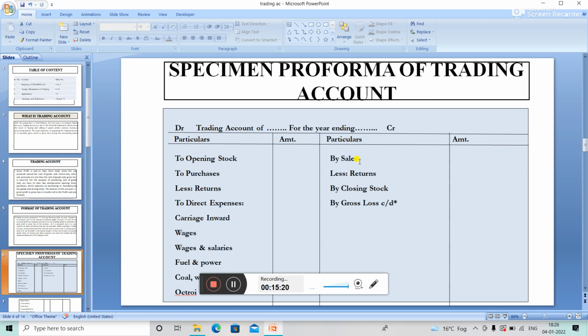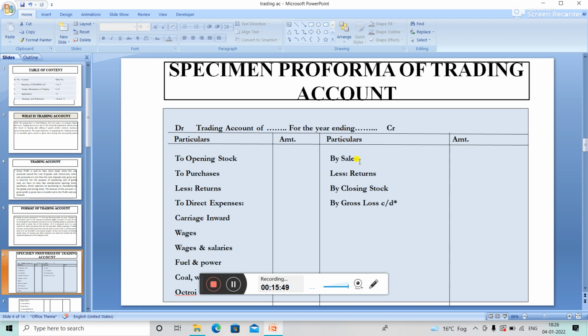And one more important point we are going to involve here is the closing stock. What is closing stock? Closing stock is the goods that remain unsold at the end of the financial year. Closing stock can be of semi-finished goods or of finished goods.